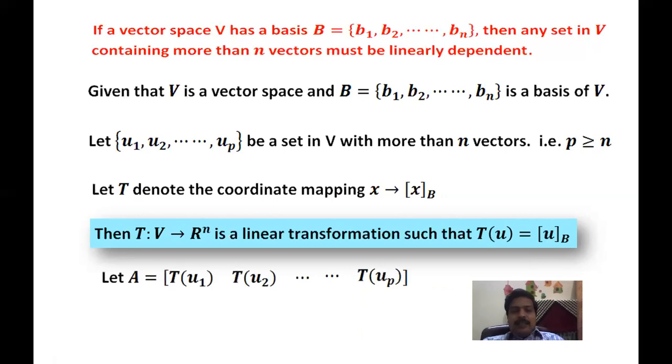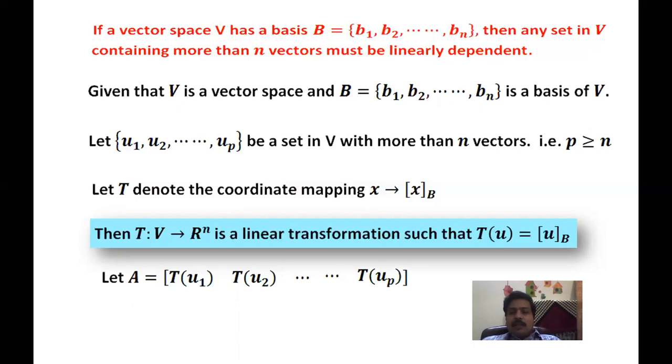So let us form a matrix A that is equal to T of u1, T of u2, up to T of up. So these are all column matrices. T u1 is nothing but u1B. u1B is a column vector, a column matrix in Rn.